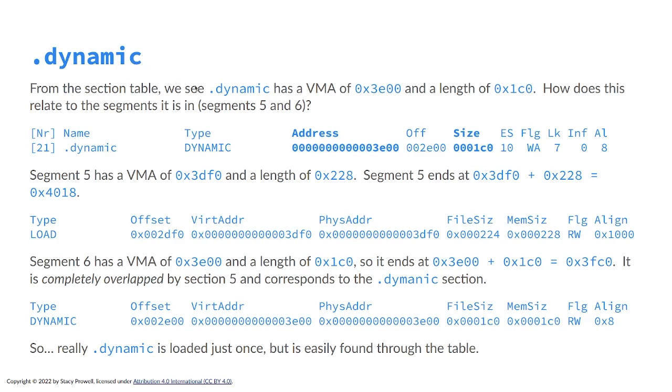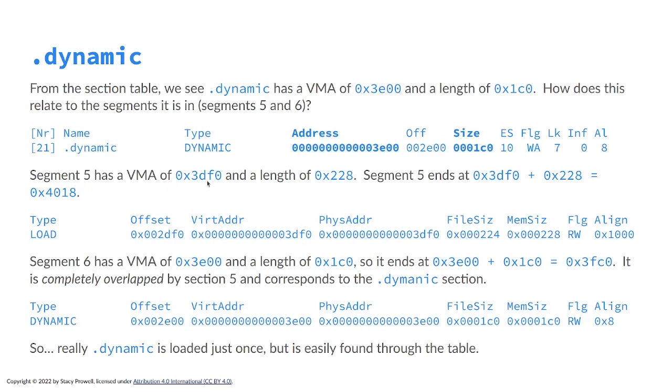Here's .dynamic. We see it has a VMA of 3E00 and a length of 1C0. And we can ask how that relates. Segment 5 is given here.